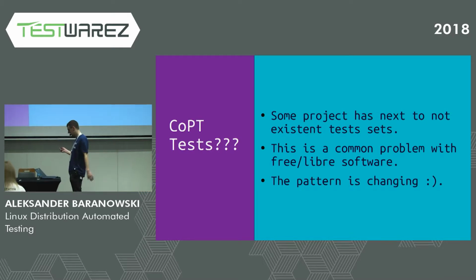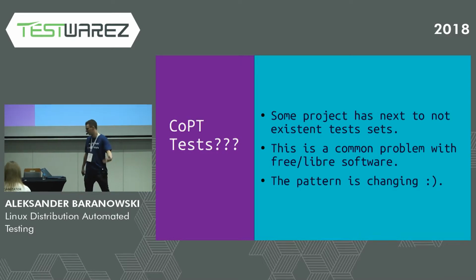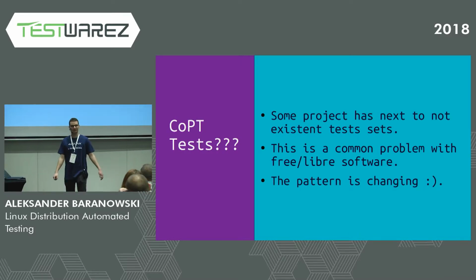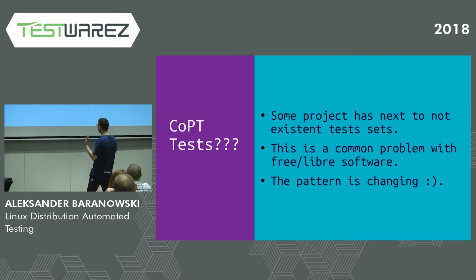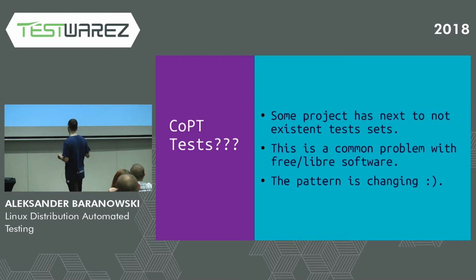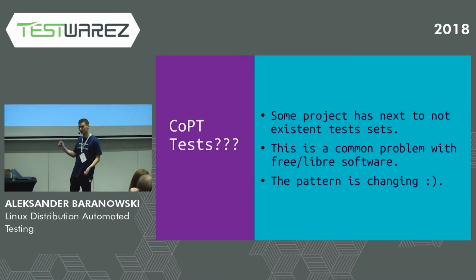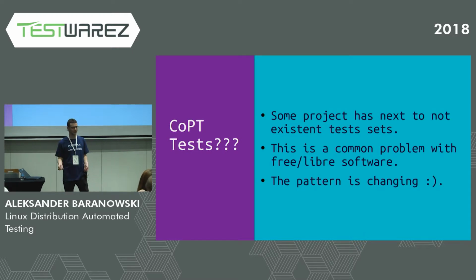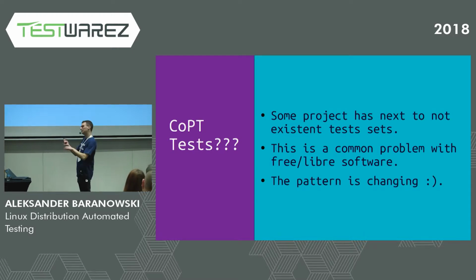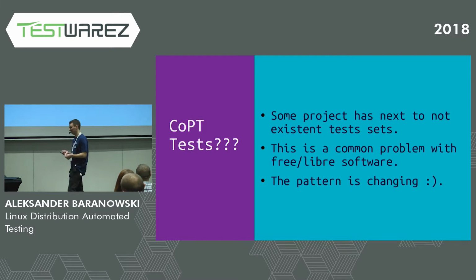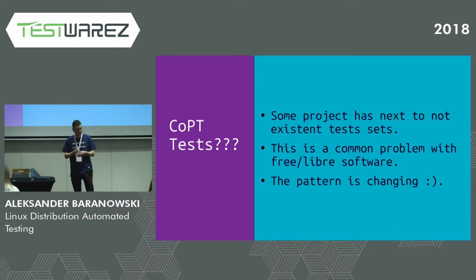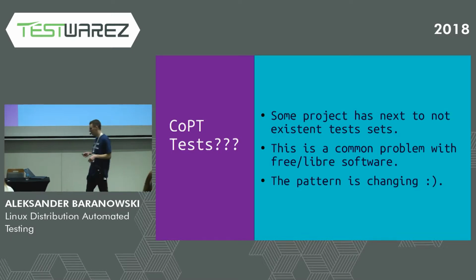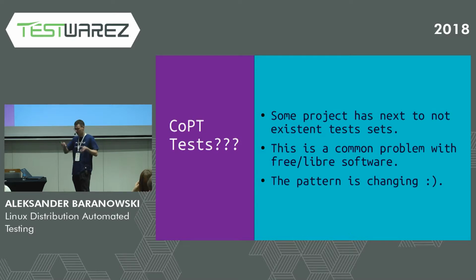The next one is the reverse of the previous one. Sometimes there are too many ways to test the software, and the Linux kernel is the best example. We have the Linux Test Project, we have the kernel self-tests, the static code analyzers, the fuzzers, whatever they are, fuzz testing, it's called fuzzers, yes.